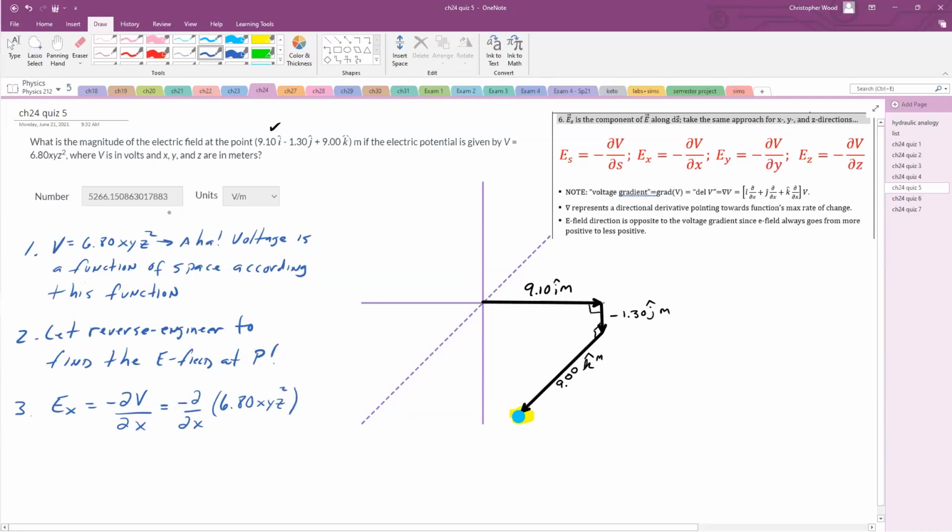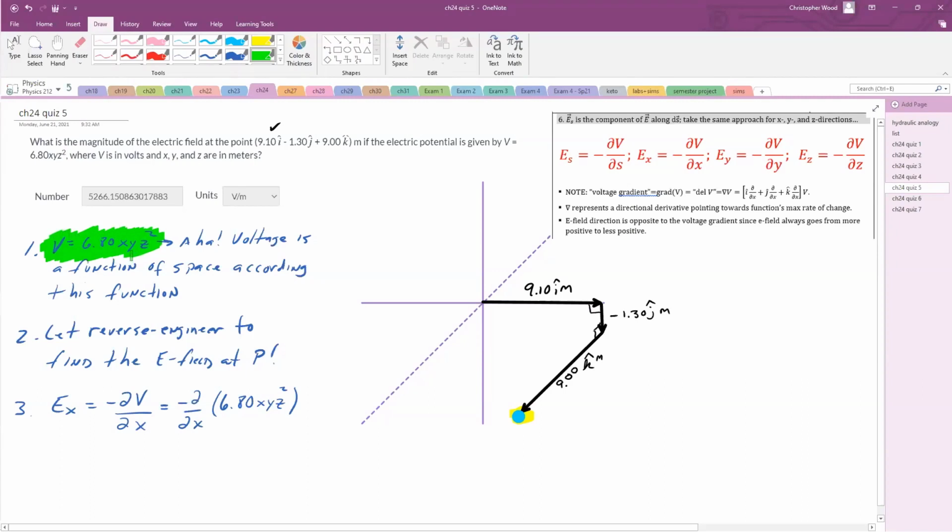Okay. And let me backtrack here. This is my voltage. Where does this come from? You, as a designer, as a scientist or an engineer, design a system that produces this voltage phenomena.